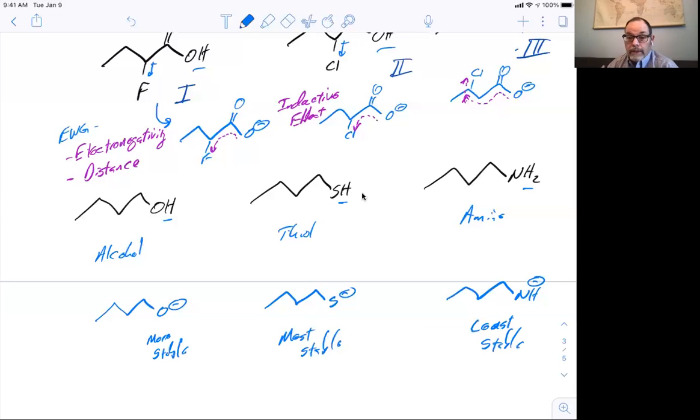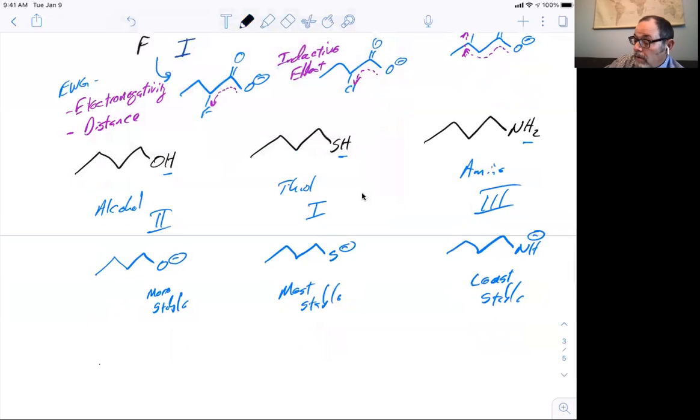And that has to do with the electronegativity and the stability of the negative charge of those species, right? So if we look at that most stable, that means we're going to have 1, 2, and 3. We could have also understood this by understanding the relative pKa's, right? And again, the pKa here is around 16, the pKa here is around 9, and the pKa here is around 35.